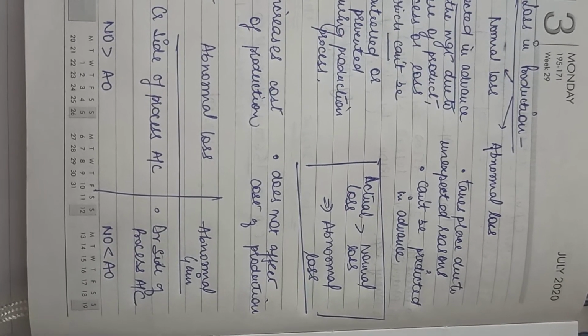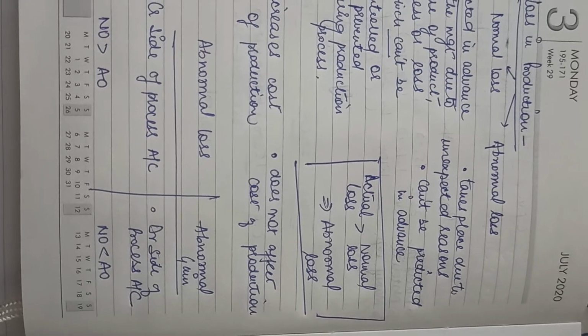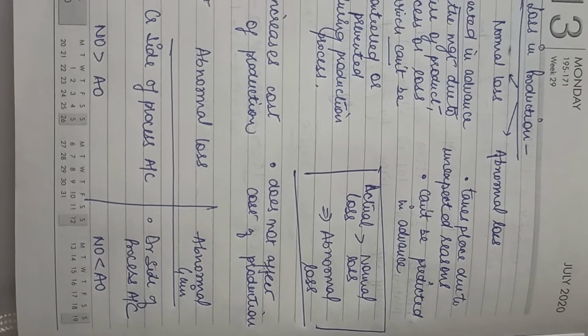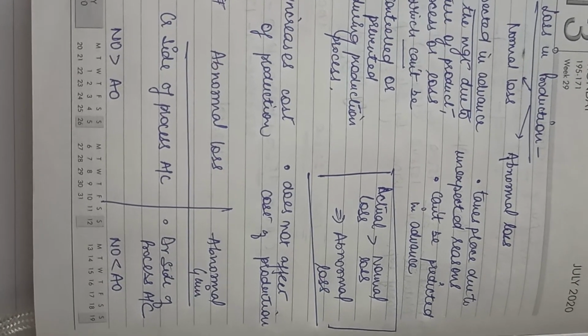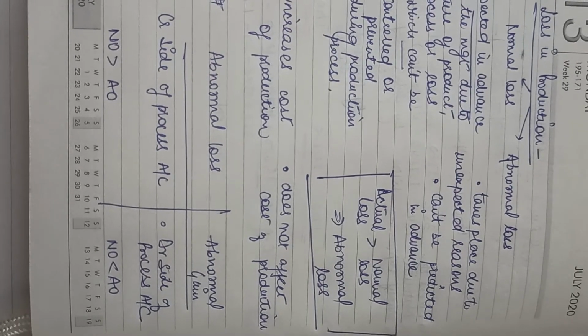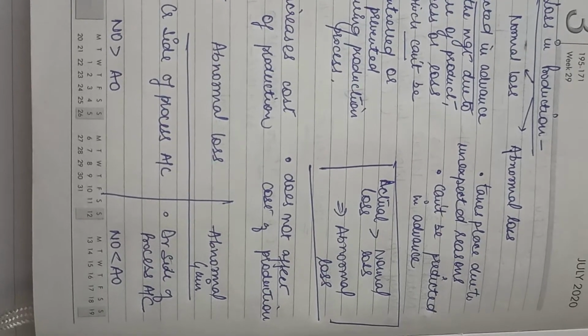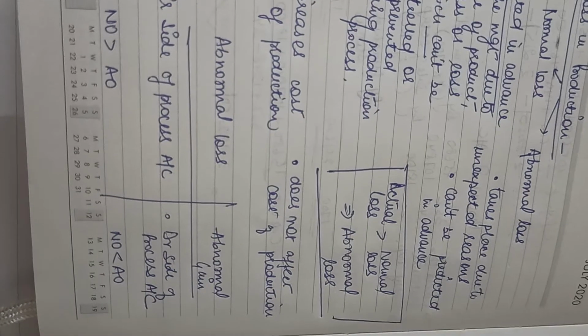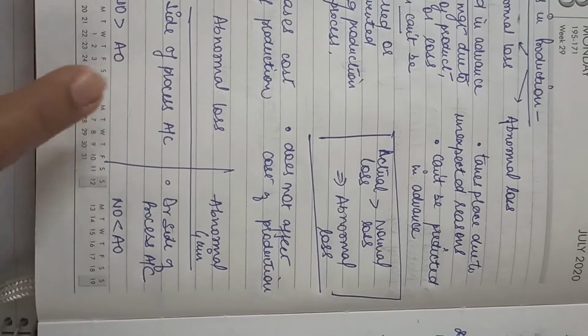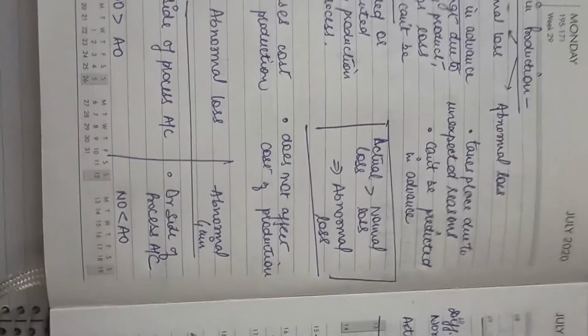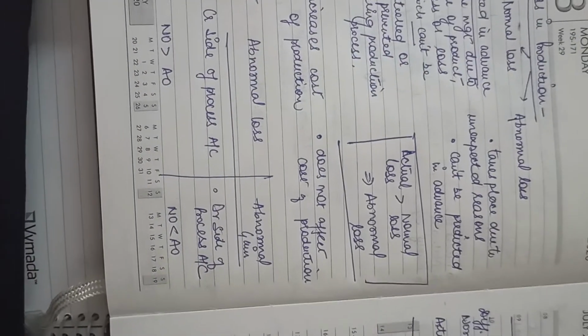The general examples of abnormal loss can be machinery breakdown. We have not expected that during the manufacturing process, with the good quantity being produced during that time, the machinery will stop or break down.